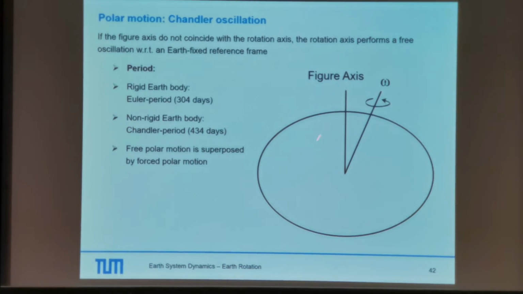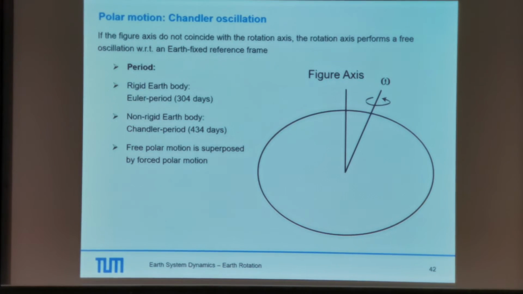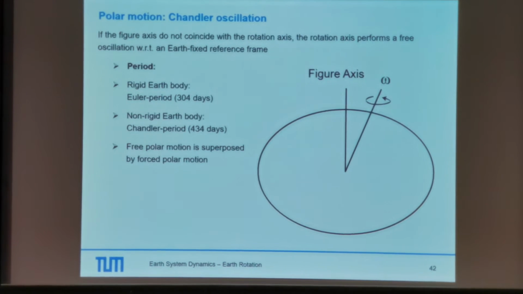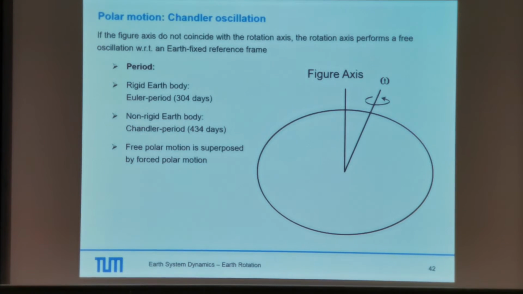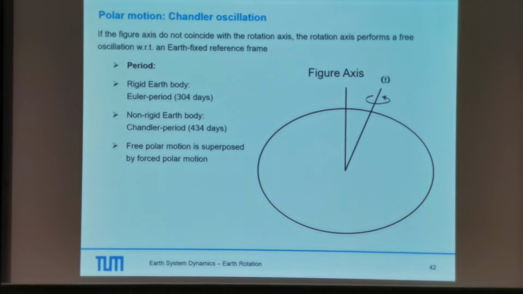And this free polar motion is then superposed by a forced polar motion. The take-home message here is that in a rigid body we have the Euler period of 304 days excited, and in a deforming Earth body we have the Chandler period of 434 days excited.